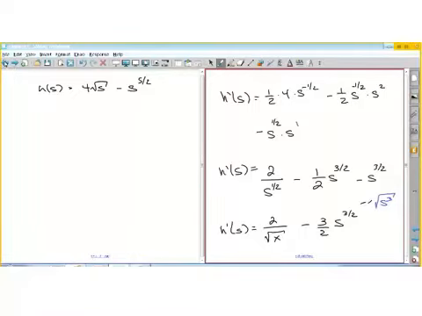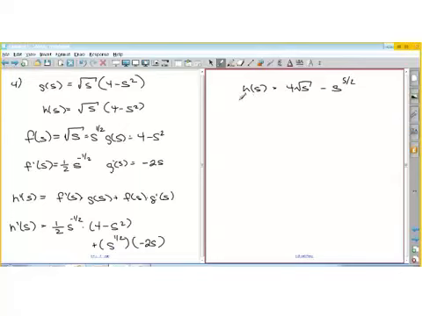And that's bothering me here. It may have been a mistake, so the constant's not going to be the same. So we'll go back and figure out.